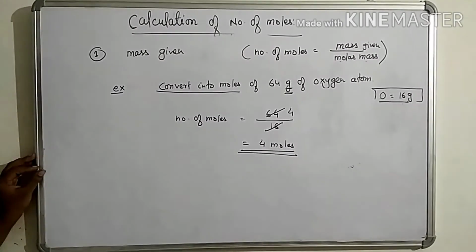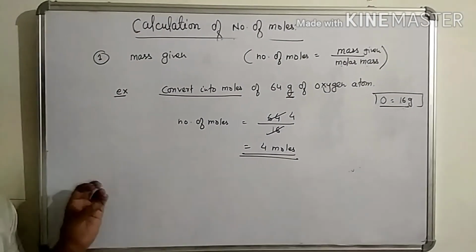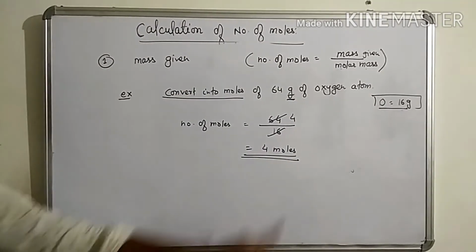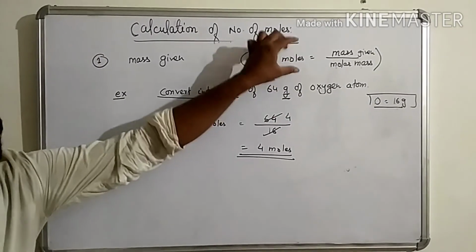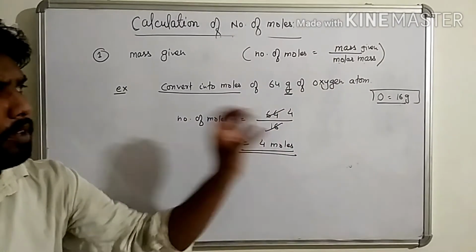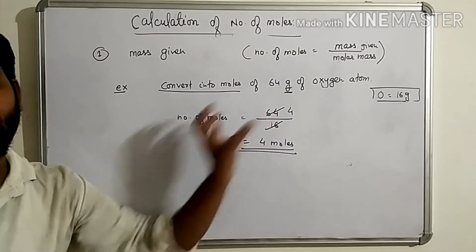Clear, children? If mass is given and the question is asked about the number of moles, you should apply this formula. This formula is only based on mass given.